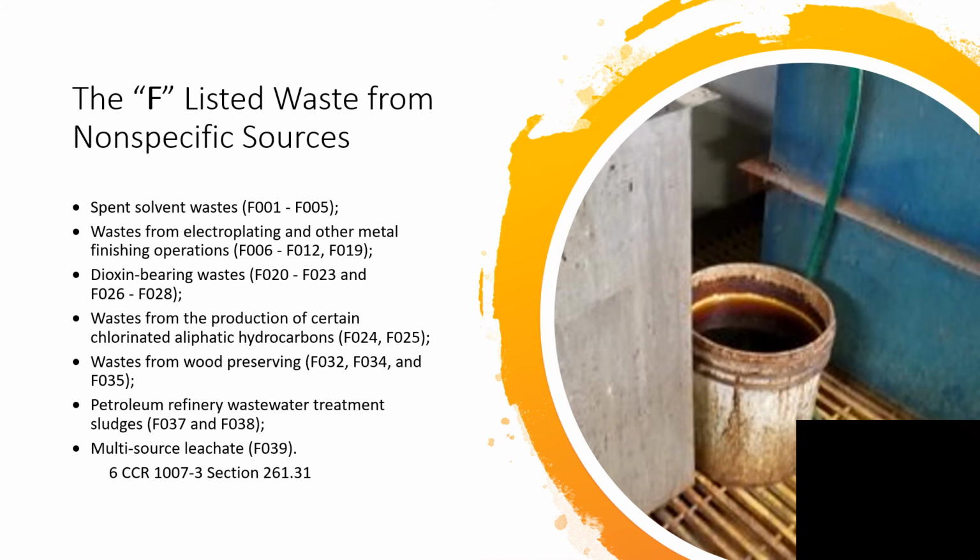Wood preservation falls under F32, 34, and 35. The picture on the right was another inspection at a metal plating facility. They thought this plastic bucket was a good enough container to hold this F-listed waste.